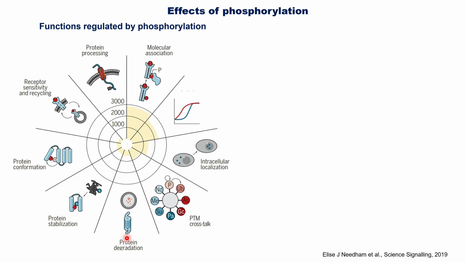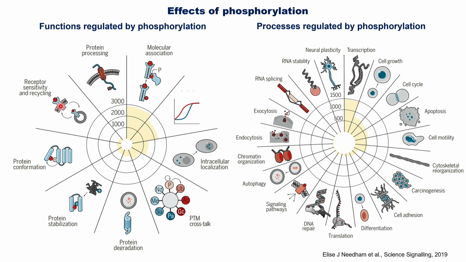So it controls protein degradation, protein stabilization, conformation, processing and receptor cycling. And the processes regulated by phosphorylation are vast, including neural plasticity, cell growth and adhesion, differentiation, everything.